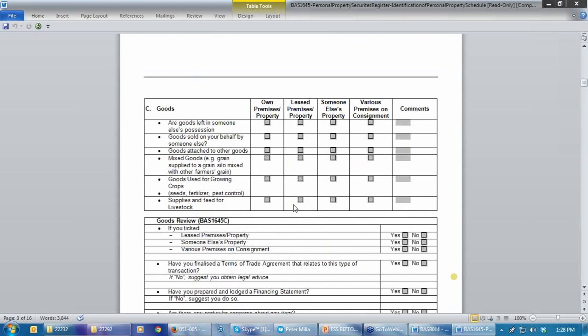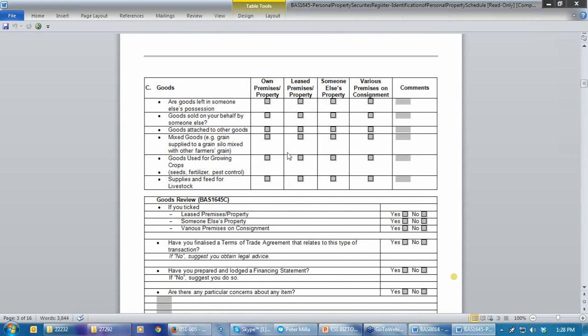So we're looking at goods, all types of goods. One of the items that's occurred in this legislation, in my opinion an improvement on what happened previously under the RMAPA clauses, is that goods attached to other goods can receive some protection now, as long as the client has gone through the proper preliminaries of having a terms of trade agreement and a retention of title agreement.